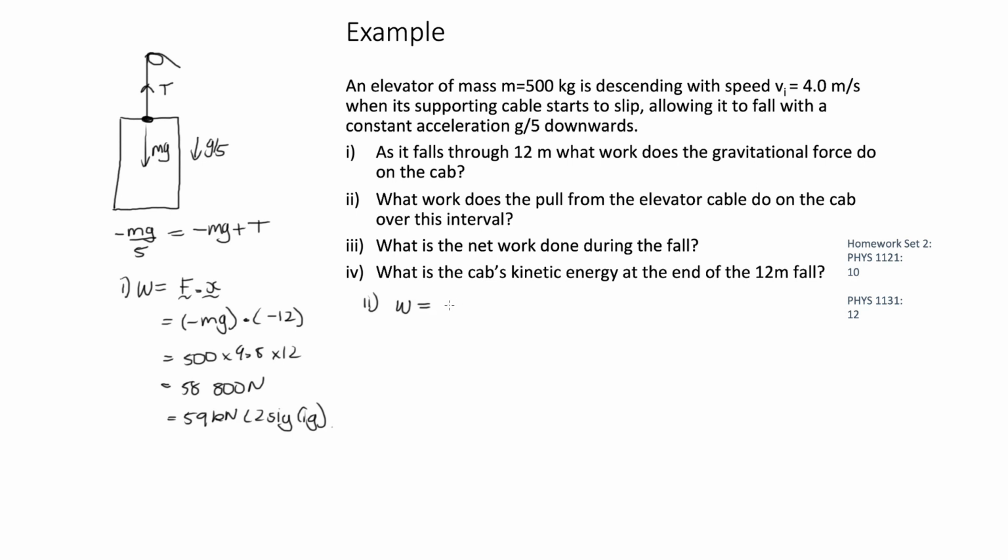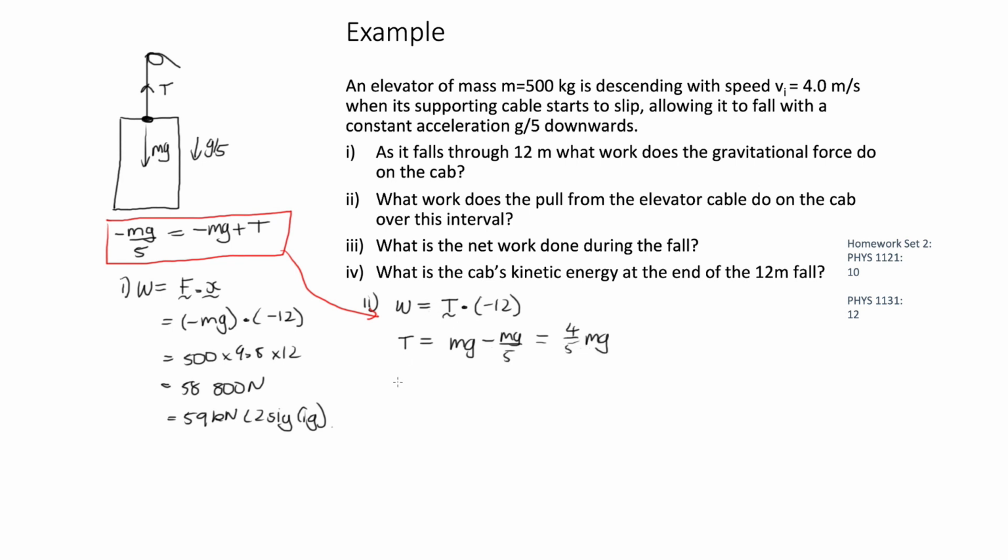So that is equal to the tension force times minus 12. In this case, we'll need to work out what the tension force is. So we'll need to use the expression that we've written over here to find the tension force. So let's rearrange this, and we can write, well, the tension force is equal to mg minus mg on 5. So that is equal to 4/5 mg.